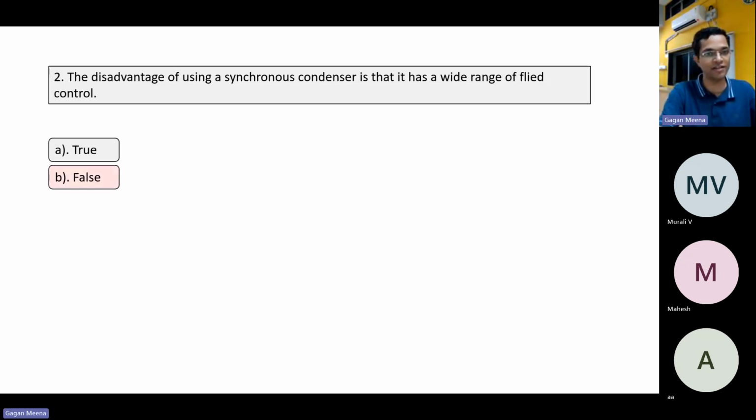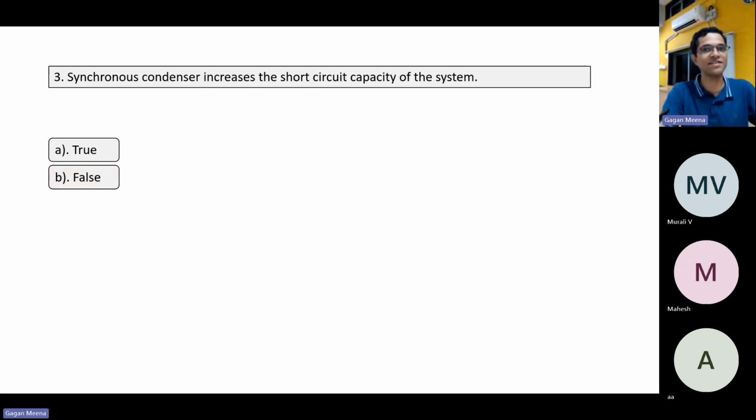False, it's an advantage. A synchronous condenser increases the short circuit capacity of the system. Is it true? True or false? It is true. It is a disadvantage of the synchronous condenser.